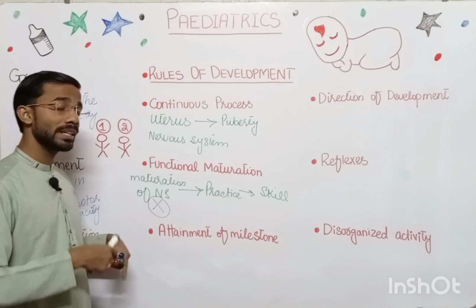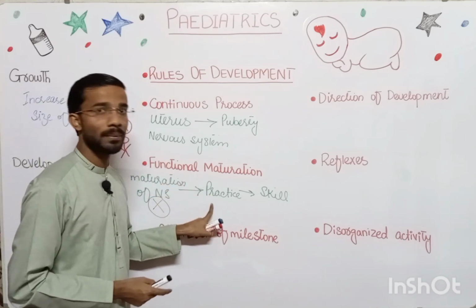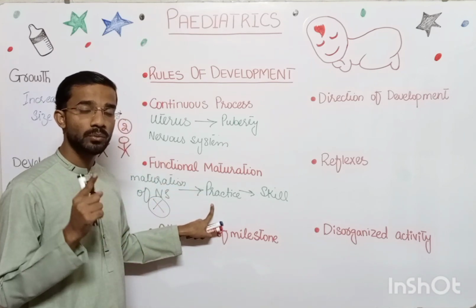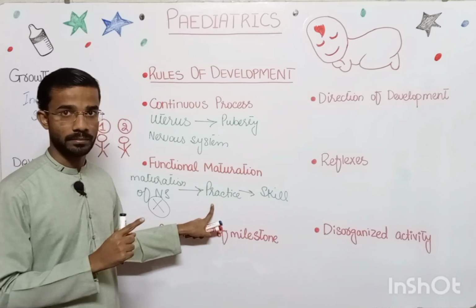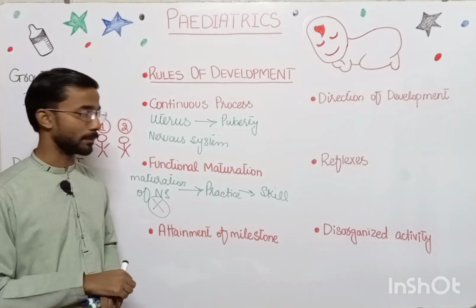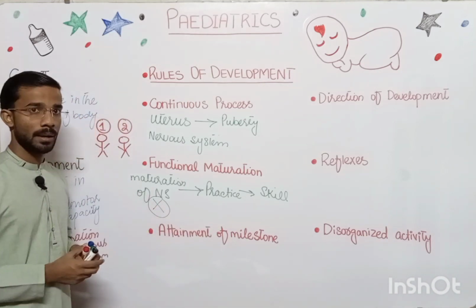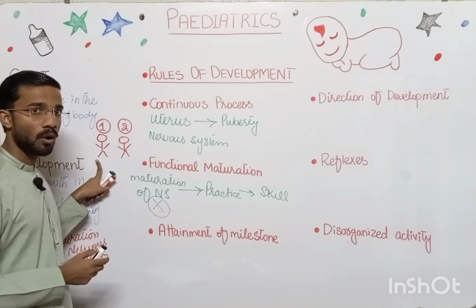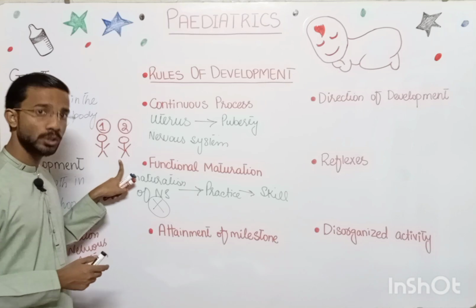And if the nervous system is not mature, then after practice, child 1 cannot learn any skill, even if we do practice on him. So this is the case of child 1. And second one is child 2.